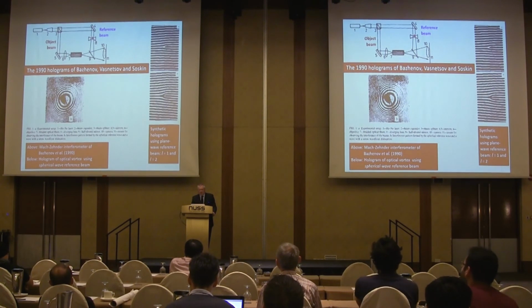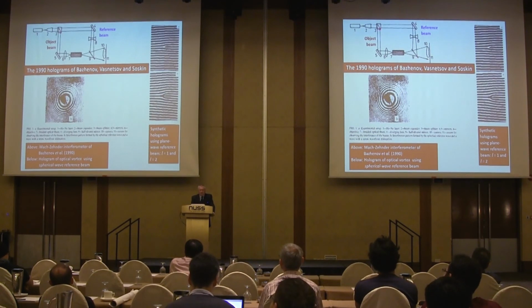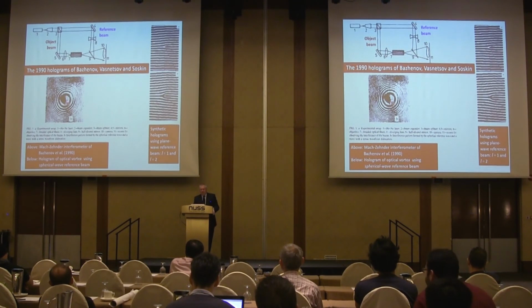It's expanded by a spherical lens, goes to a second beam splitter, and then the other beam, split down here, goes through an object that twists the wavefront of light, and then it comes through onto this beam splitter, and you see the output. In this channel, it shows the interferogram. I'll get back to that in a moment. This is a spatially resolved interferogram as seen by the group of Soskin and Allen.